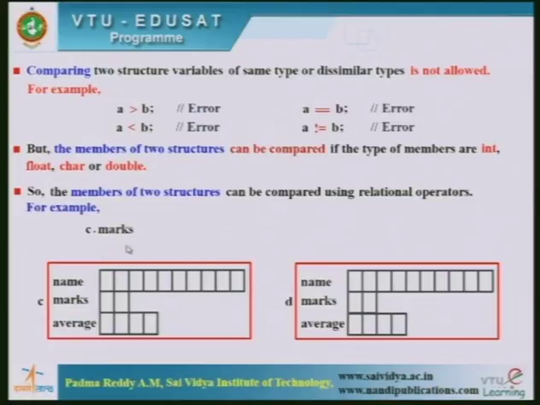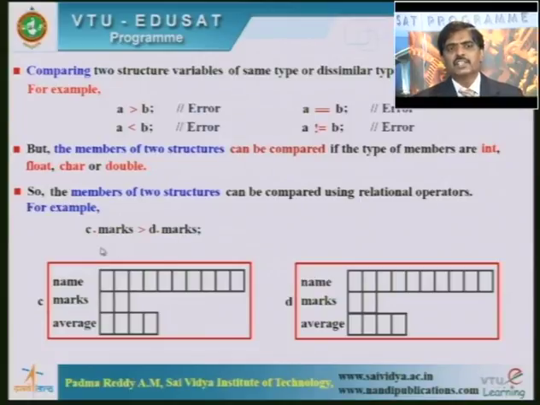Now, look here. I say C dot marks. Marks is of type what? Integer. So, C dot marks can be compared with D dot marks. So, here type of this field is integer, type of this field is integer. So, definitely we can compare C dot marks with D dot marks. I can say C dot marks greater than D dot marks.